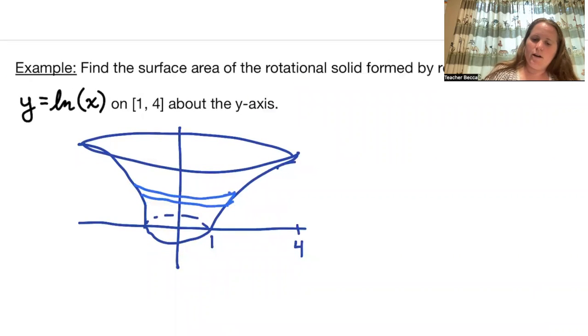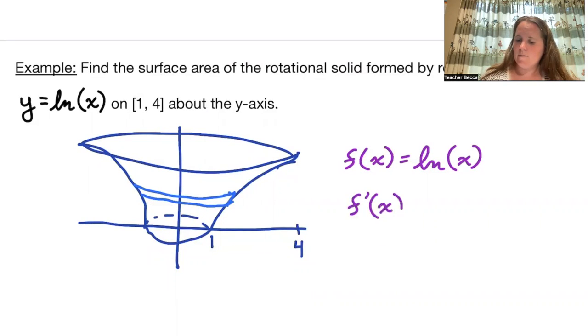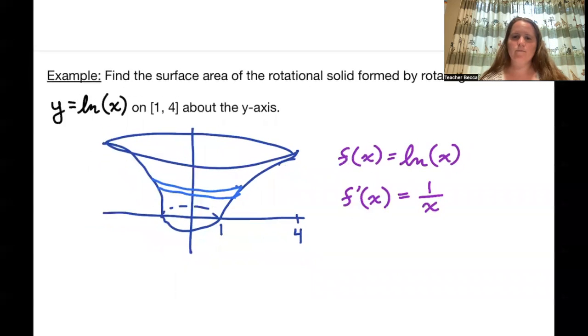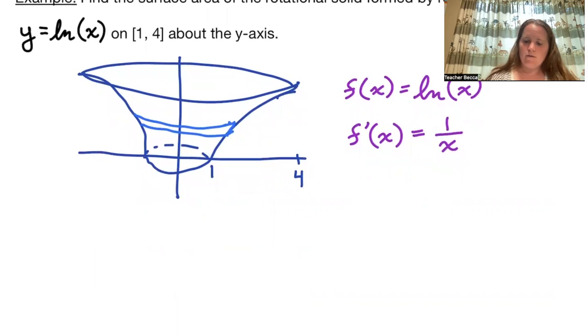We have our f of x is that natural log of x. F prime of x is therefore 1 over x. We have a is 1, b is 4.